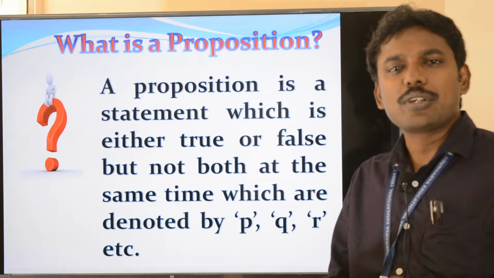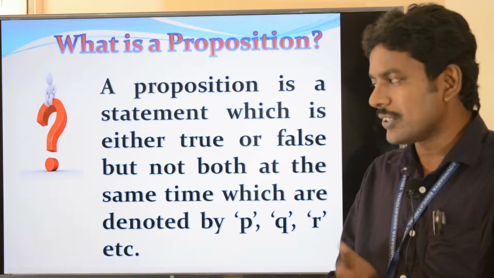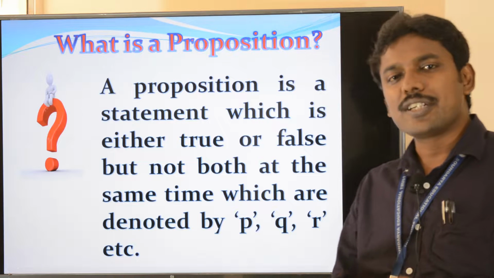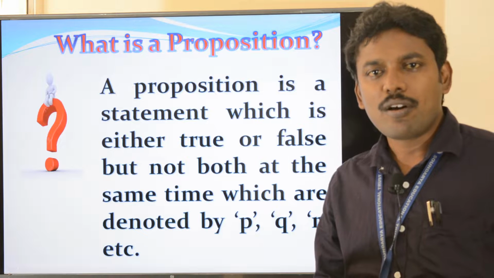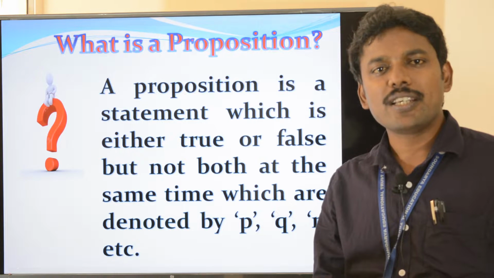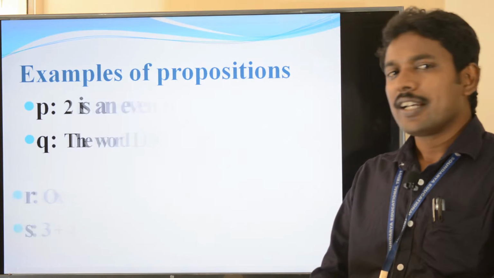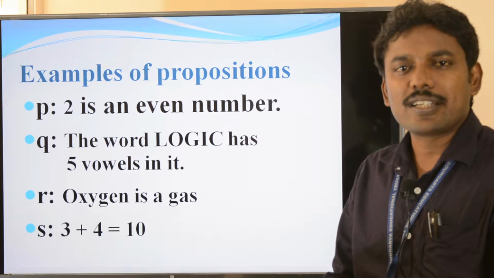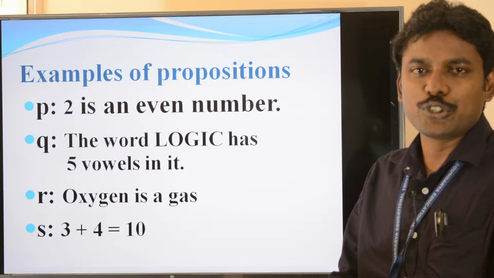I will help you understand the definition of a proposition by considering some examples. And I have mentioned here that propositions can be denoted by lowercase letters p, q, r, etc. These examples will definitely help us to understand the definition of a proposition.